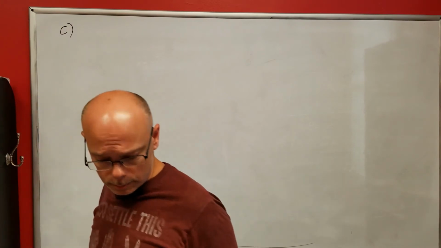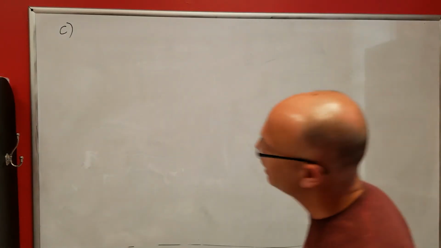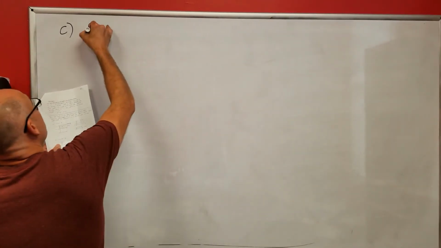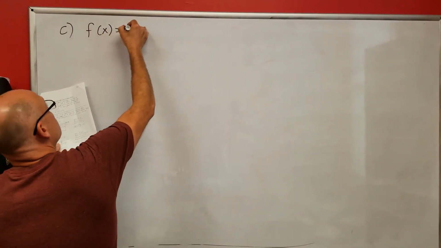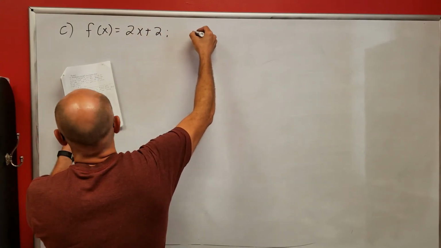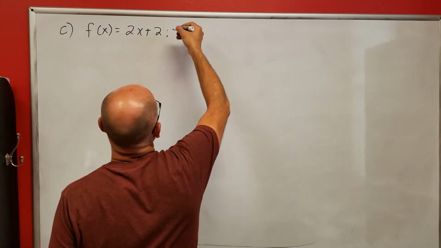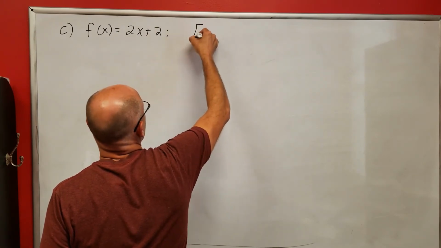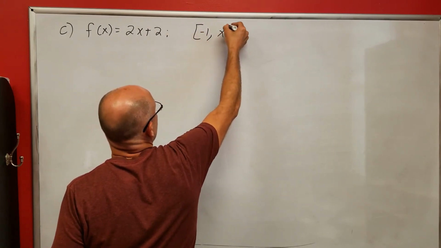Part C, if I can find my papers here. Okay, part C says we have f of x is equal to 2x plus 2, and we want to find the area between this curve and the x-axis over the interval from -1 to x.